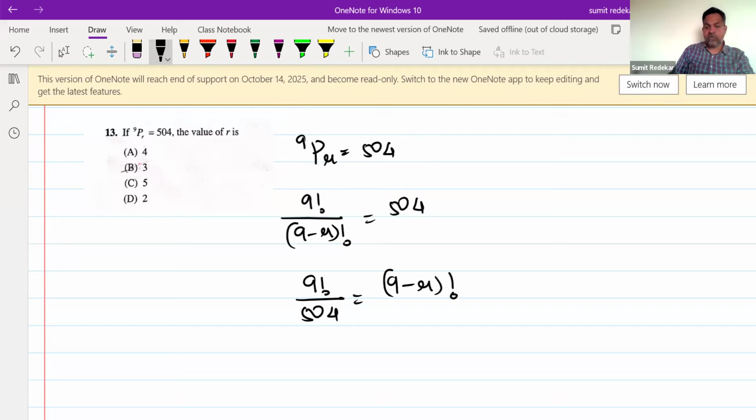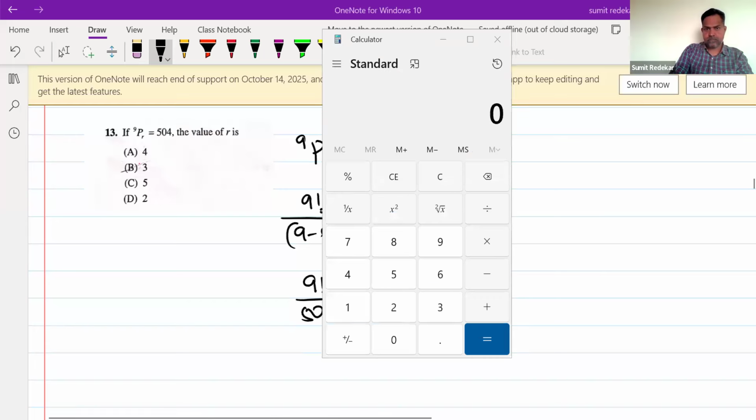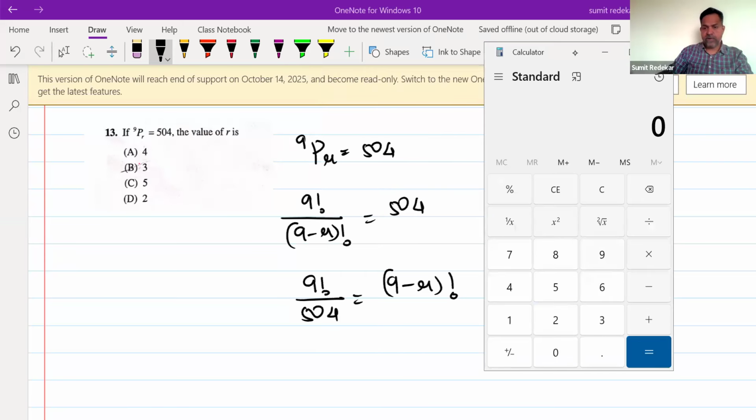अब 9 factorial को 504 से डिवाइड करना पड़ेगा. अगर मैं, सॉरी, माय कैलकुलेटर क्लोज डाउन, 9 फैक्टोरियल की वैल्यू फाइंड करता हूं तो 9, 8, 7, 6, 5, 4, 3, 2, 1.